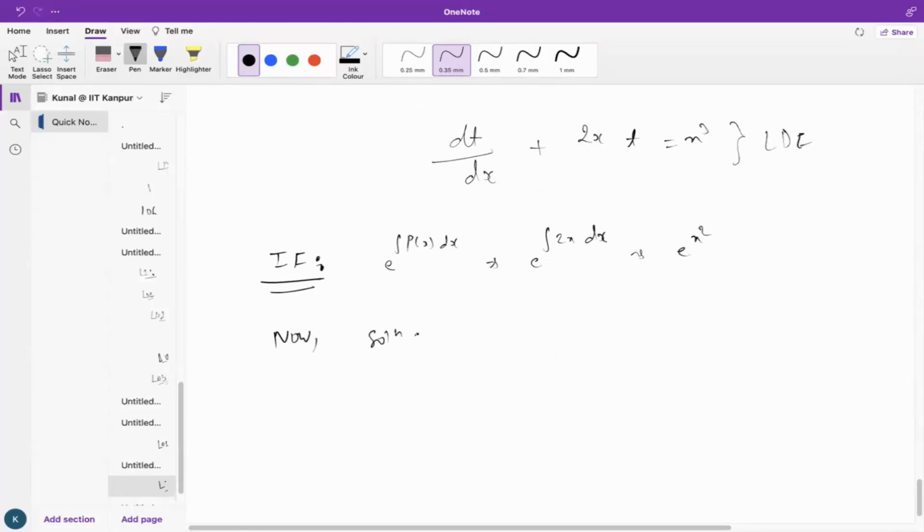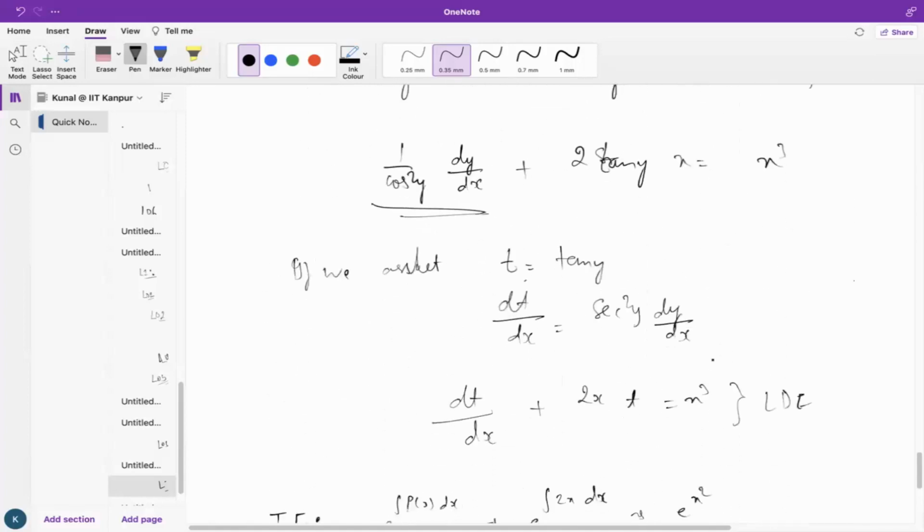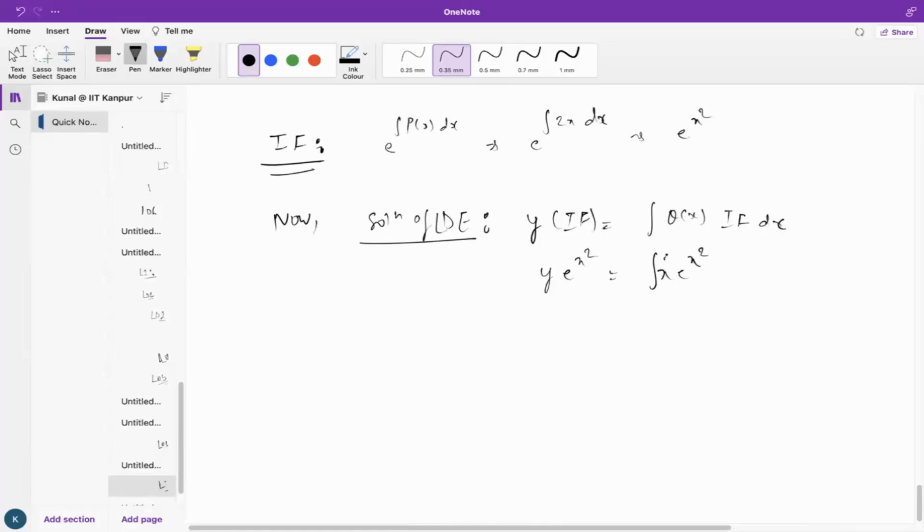Now the solution of a linear differential equation is nothing but y into integrating factor is equal to the integration of q into integrating factor into dx. So y into e to the power x square is equal to the integral of x cube e to the power x square dx, since q is nothing but x cube.